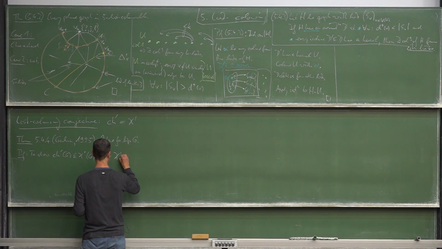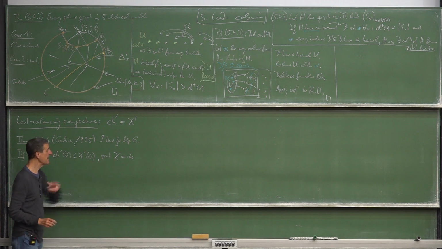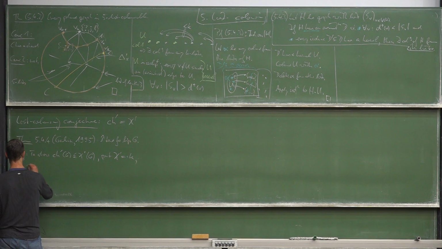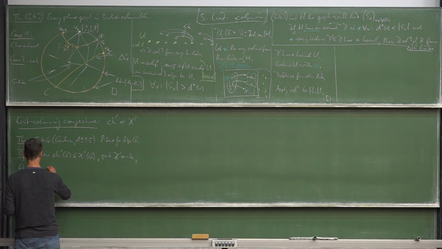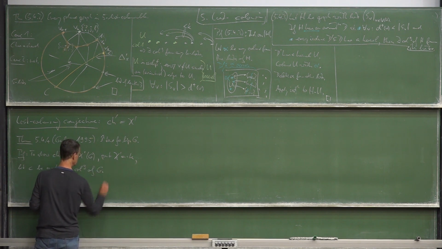Let's call the chromatic index of G K. Let any coloring be given, so let C be any K edge coloring of G, right?